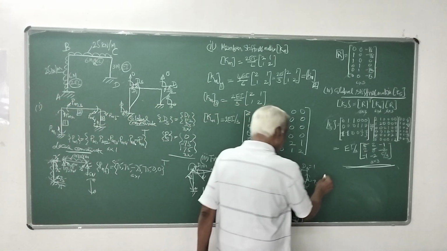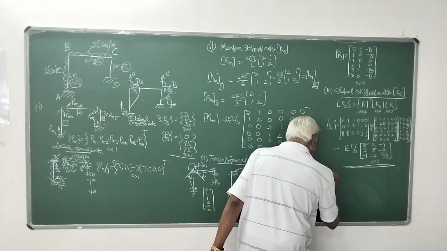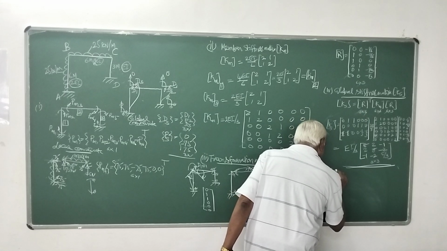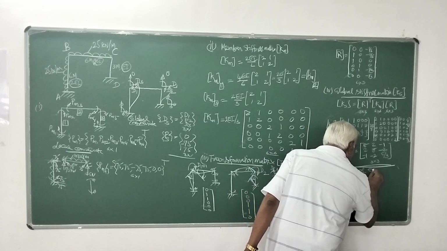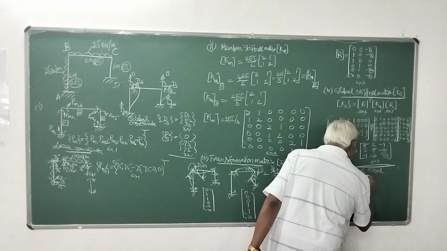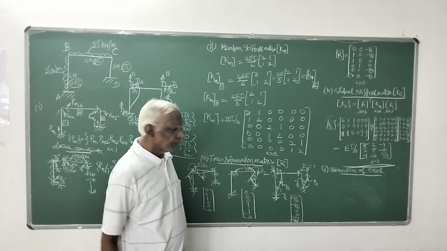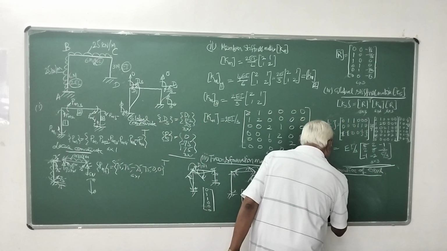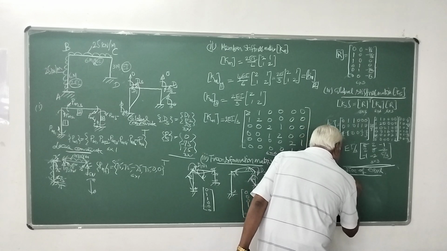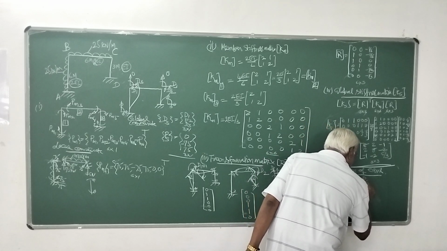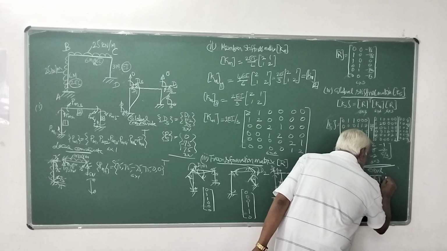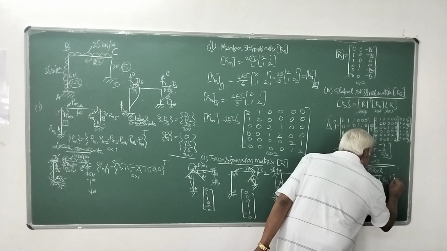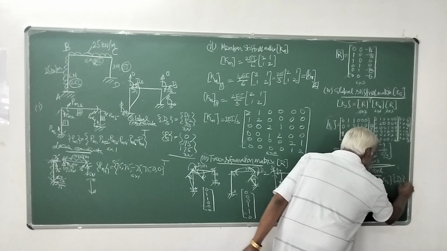Then the fifth step is the formation of equations. We have the force displacement relationship in global coordinates given by Ps equals Ks ds.